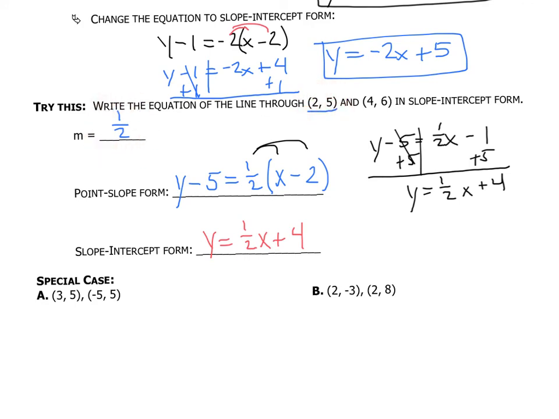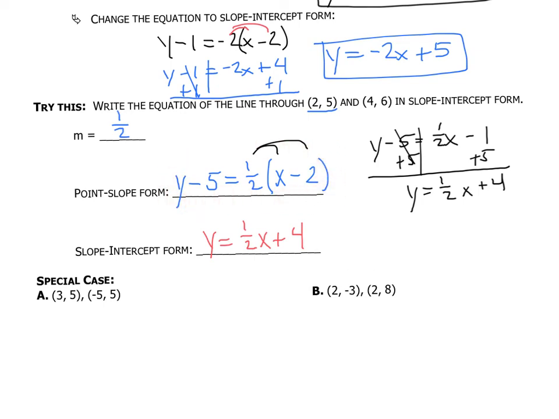Here is y minus my y, which is 5, equaling my slope m times parenthesis x minus my x, which is 2. Again, this equation you're never going to have to memorize. You'll always be given it.